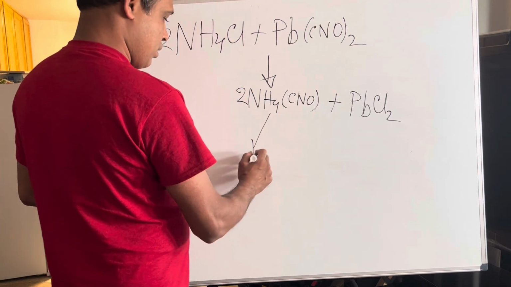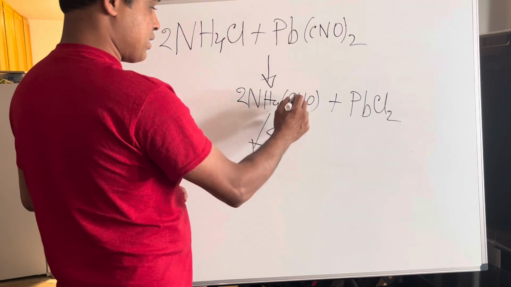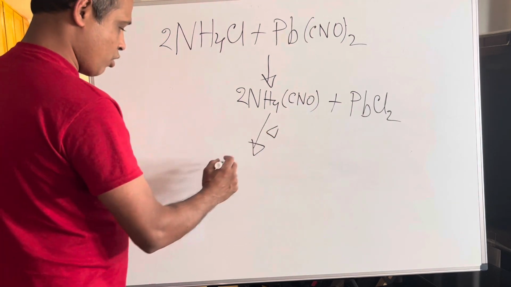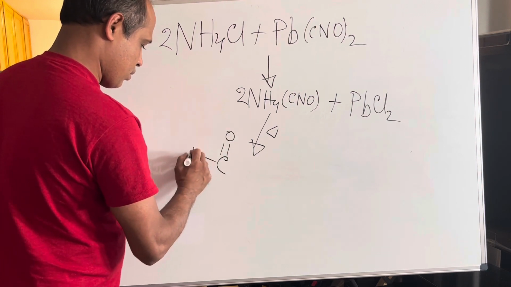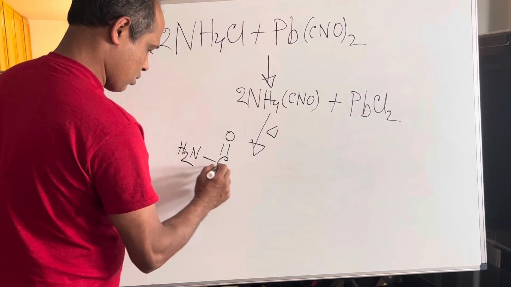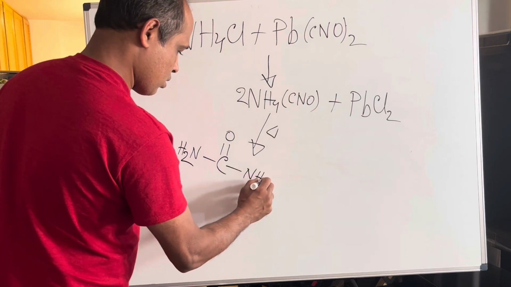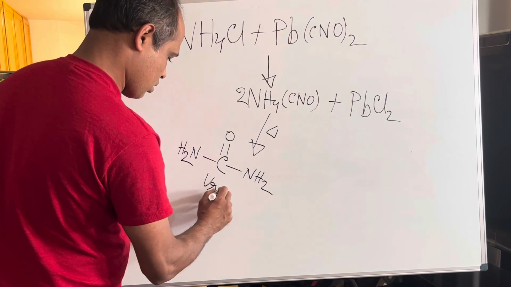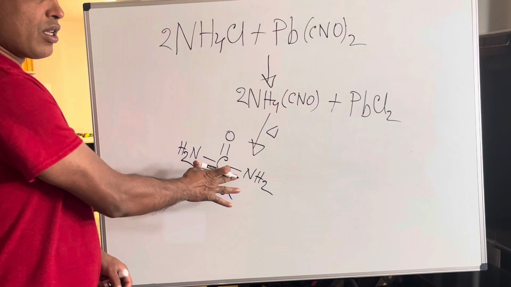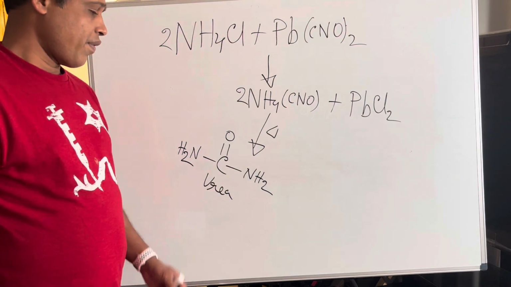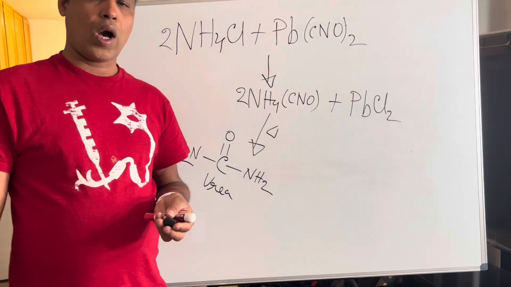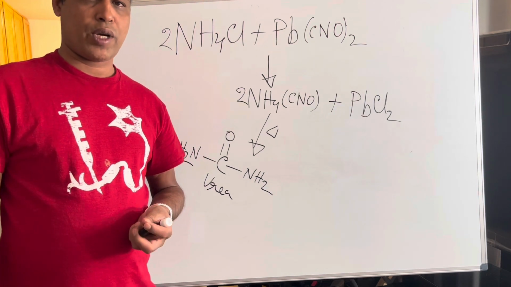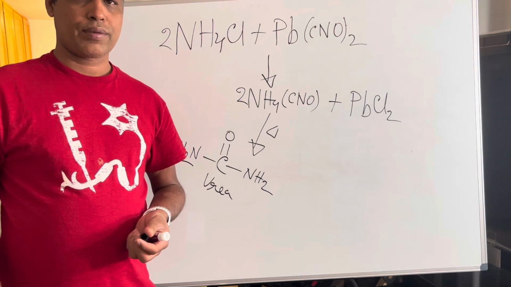And then he heated this ammonium cyanide, which converted to urea. And this is an organic compound, and that's why Friedrich Wöhler is called the father of organic chemistry.